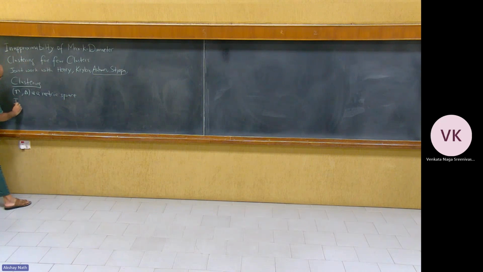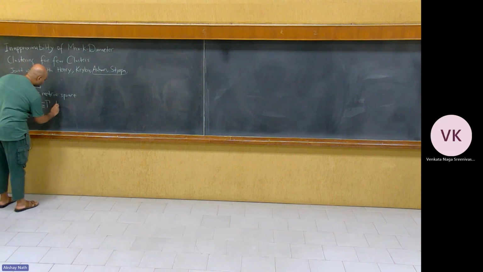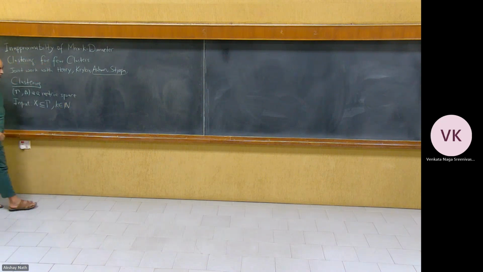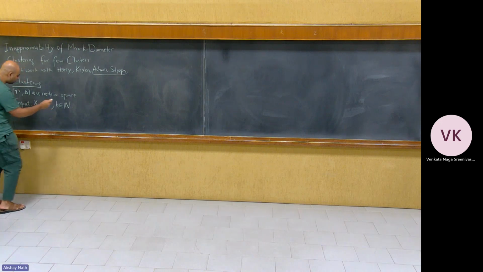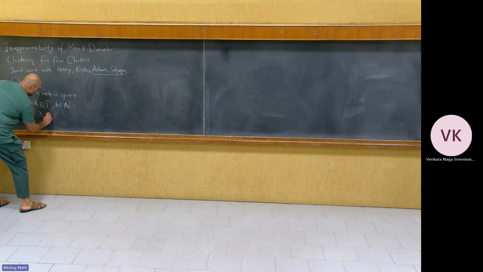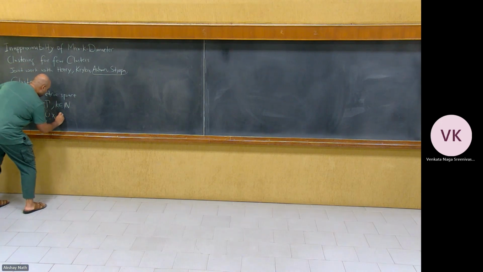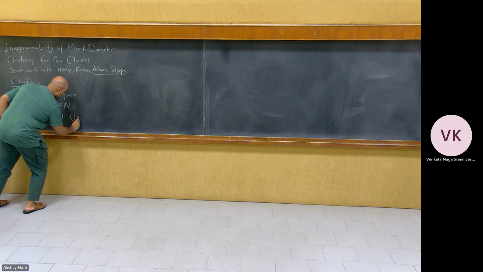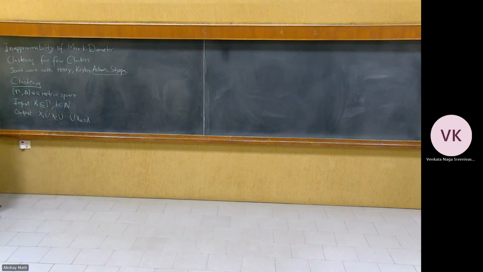And our input is typically some subset X of the metric space. On top of that, we are possibly given the number of clusters that we want. And our output is some partitioning of X into X1 up to Xk such that this partition is good.